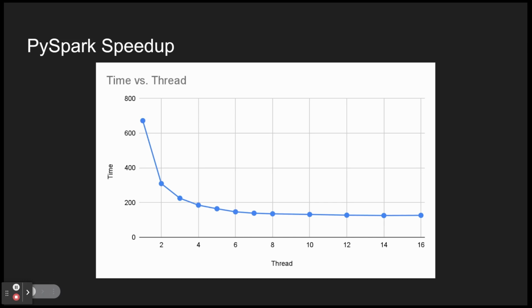Our last goal is to test the performance of PySpark. When running parallelism with PySpark, adding more cores can initially result in significant time gains, but the rate of improvement diminishes after a certain point. This phenomenon is known as diminishing returns and is a common characteristic of parallel computing.